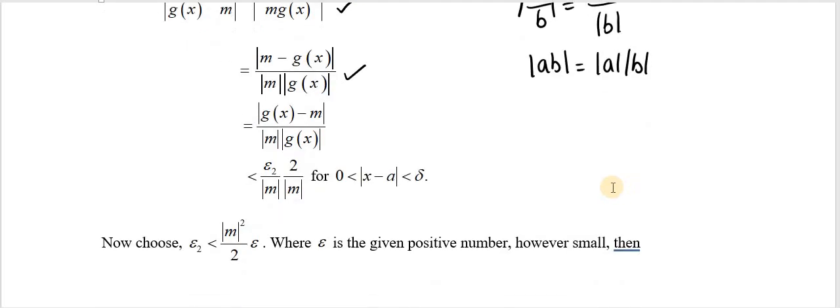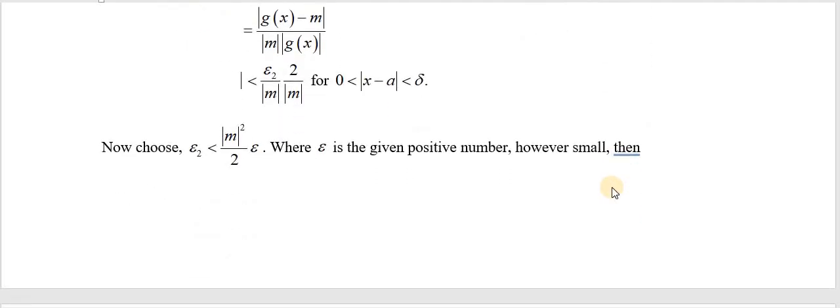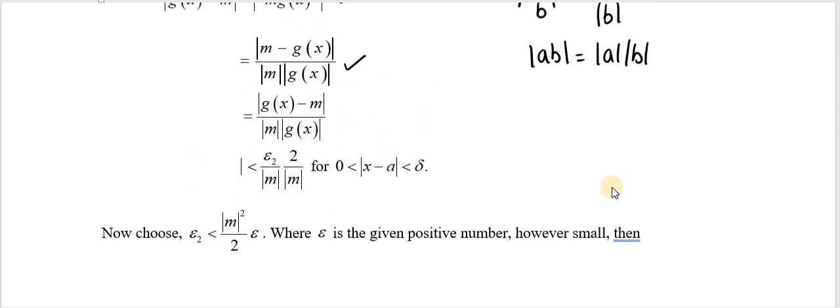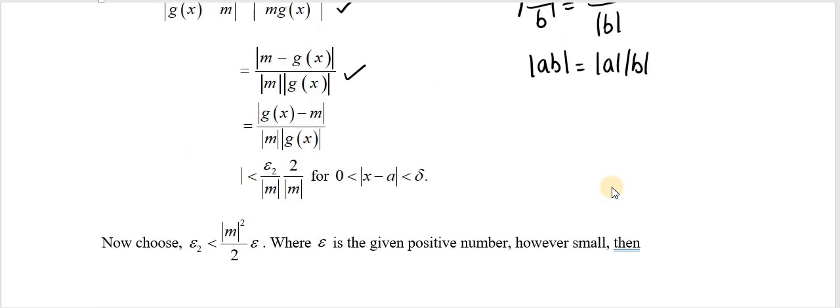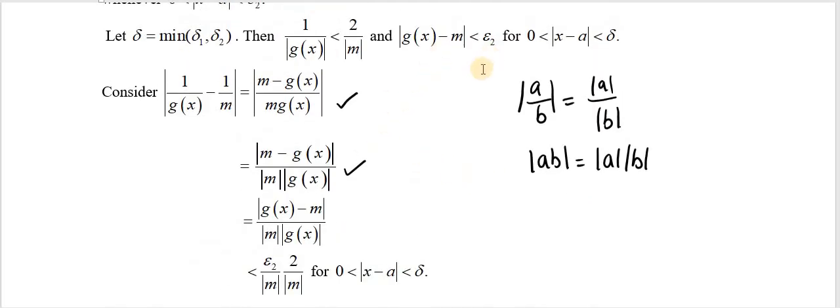And also we know that inside the modulus, we can change the place of the terms. That's why m minus g of x becomes g of x minus m. So this numerator, observe, modulus of g of x minus m is less than epsilon 2. This mod m as it is, modulus of g of x, 1 by modulus of g of x is less than 2 by mod m.